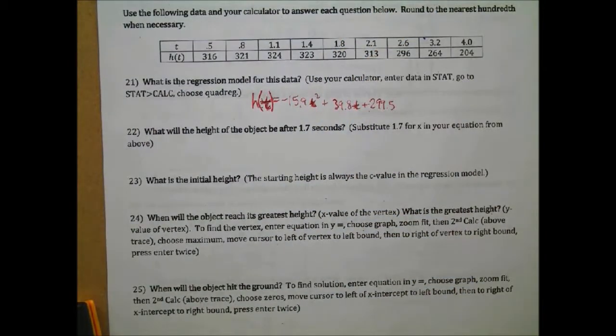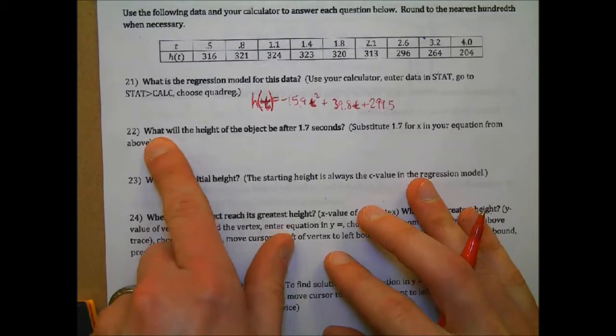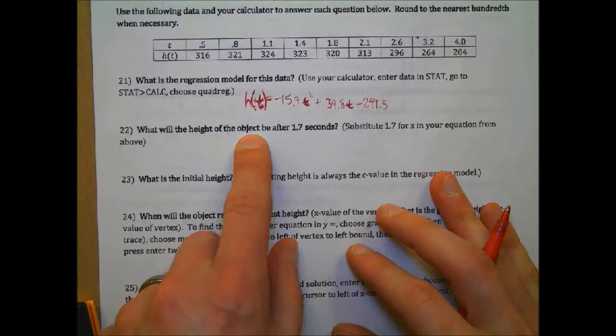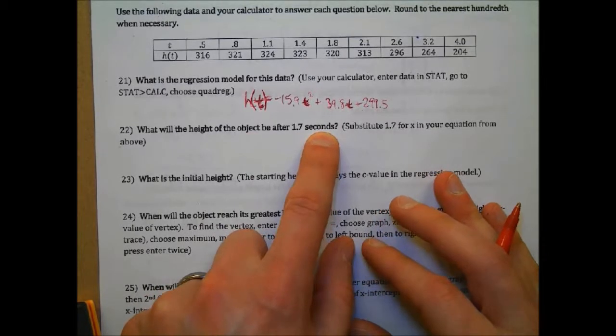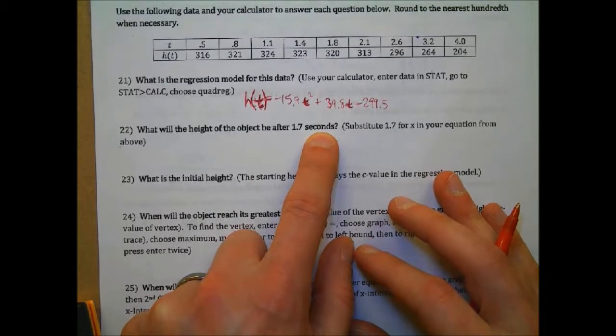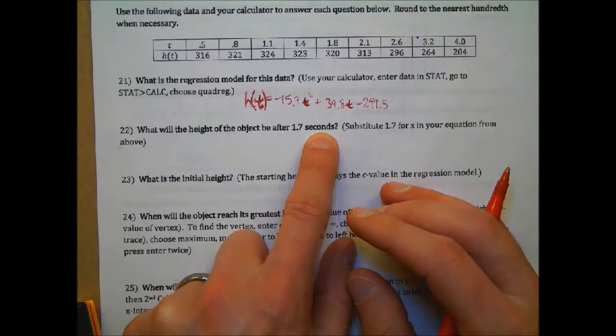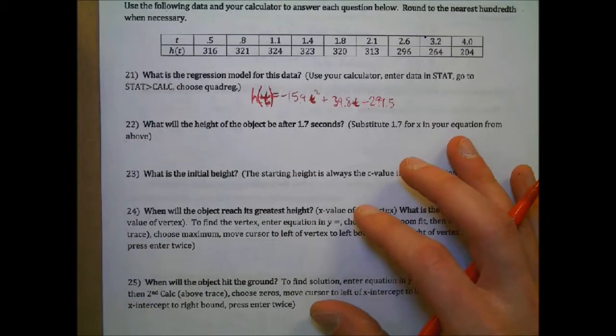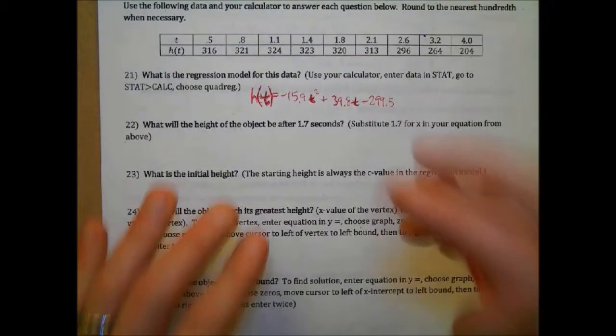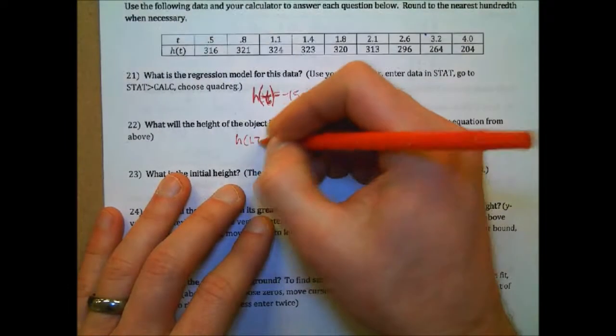Okay. Number 22, if I want to find the height of the object after 1.7 seconds, what should I do with that 1.7? Go ahead, Alessandro. Yes, 1.7 in for the t.